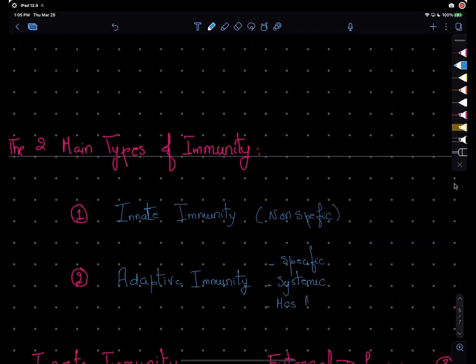Great. So once I get exposed to a special virus or a special bacteria, my adaptive immune system keeps a record of this infection to respond much faster and in a more effective way whenever I get re-exposed to the same virus or the same bacteria.